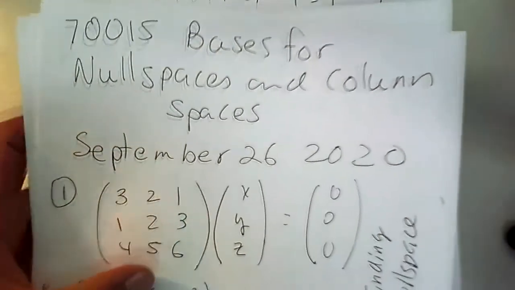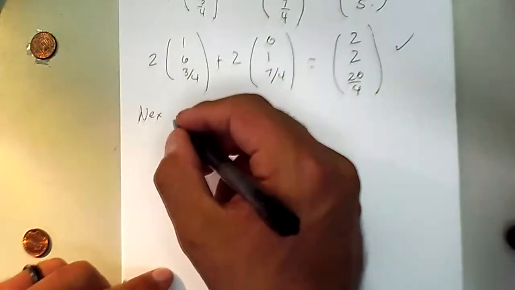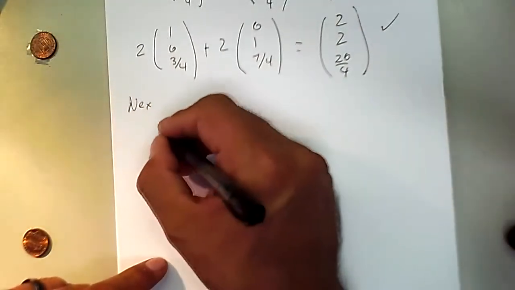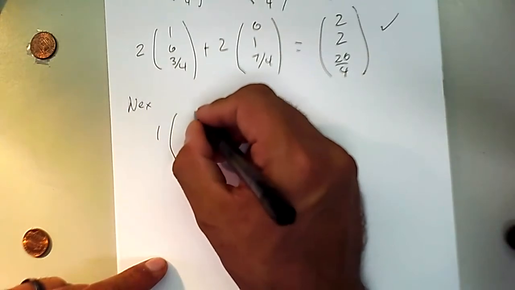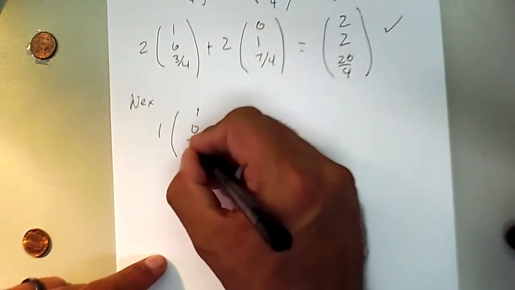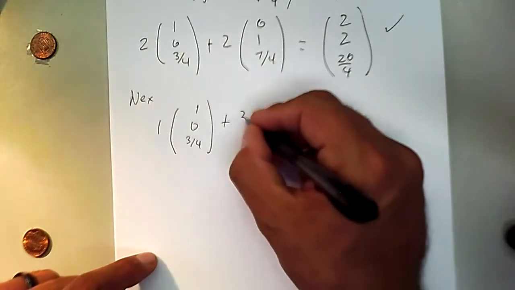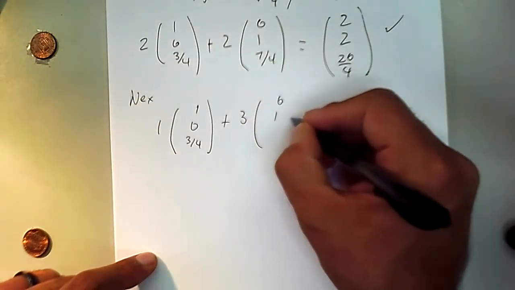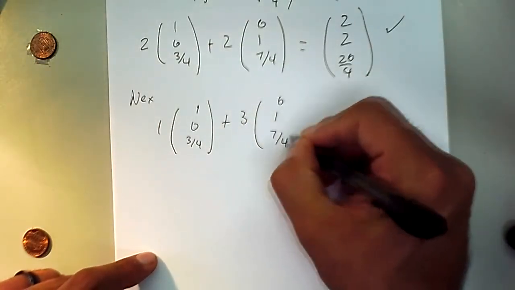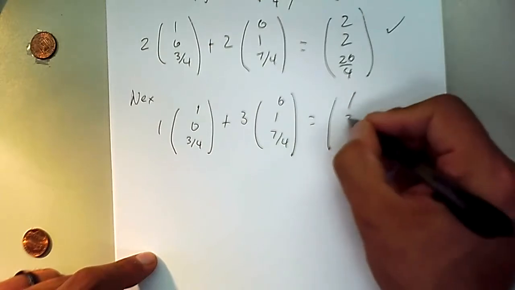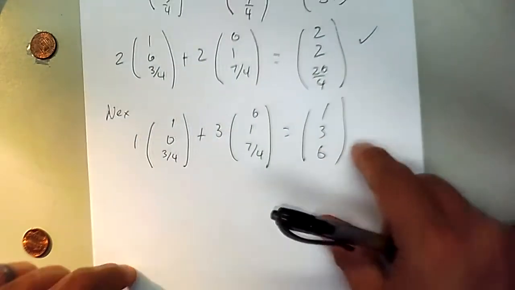Can we generate 1, 3, 6? And anticipating how this is working out, 1 times (1, 0, 3/4) plus 3 times (0, 1, 7/4) should generate 1, 3, 6. Let's see.